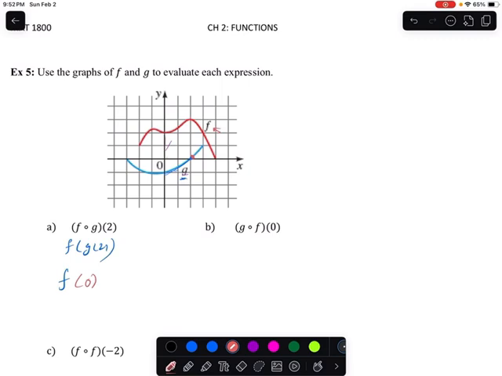So the answer will be 2. See, with the graph, it's pretty easy. Now the next one is g of f of 0. Now f of 0 is 2, we already saw that. So we get g of 2, and g of 2 is 0.